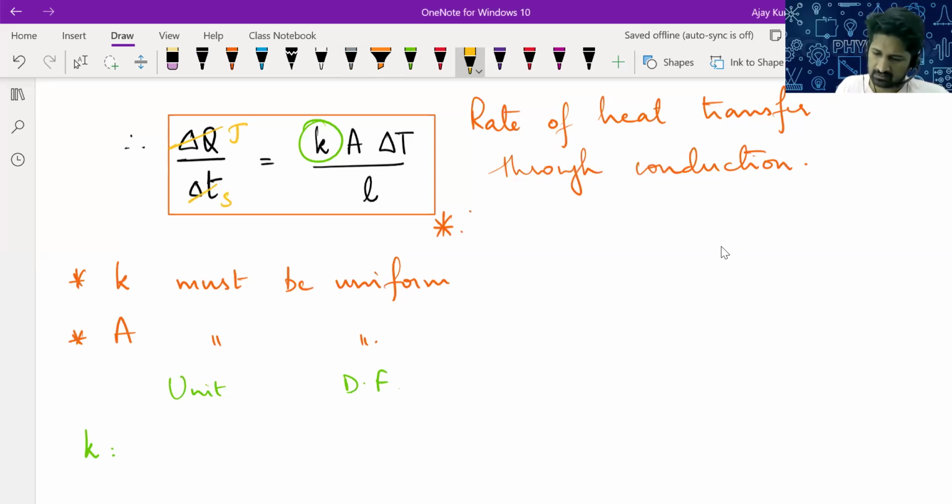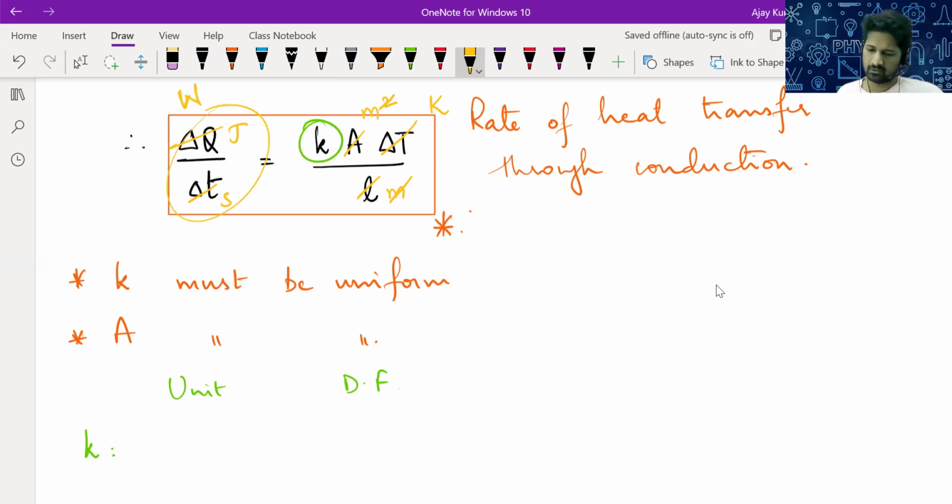Time is in seconds. Area is meter square. Length is in meters, so one of them can be cancelled. Temperature difference you can write in Celsius degrees or Kelvin, SI unit. So joule per second. Energy per unit time is nothing but power. Watts. So joule per second can be written as watts.